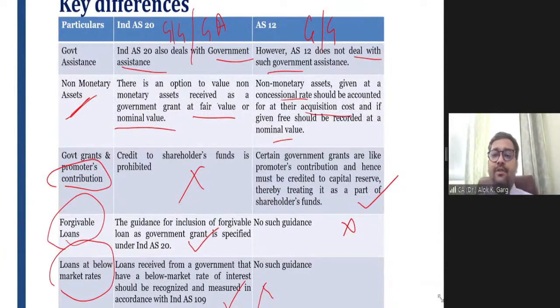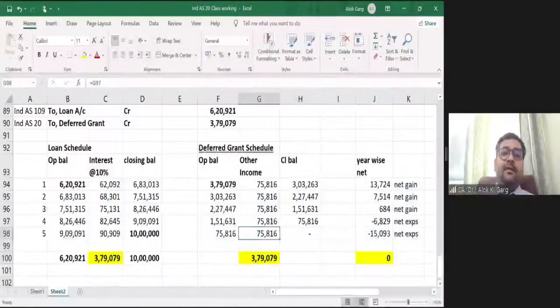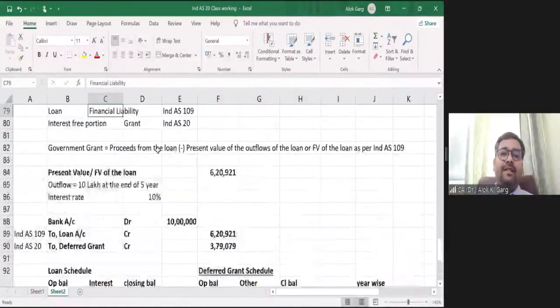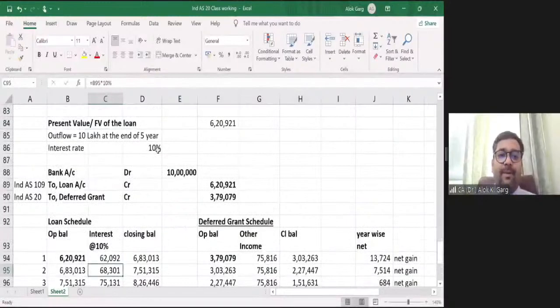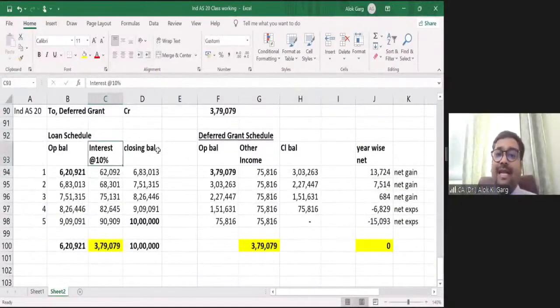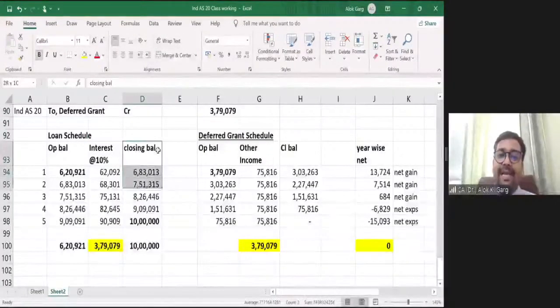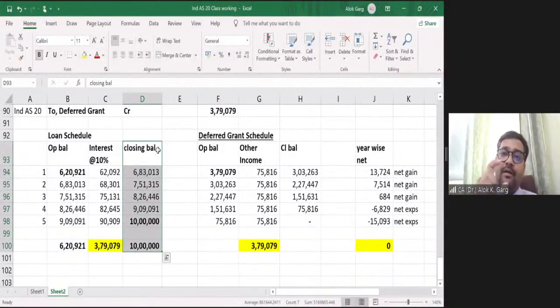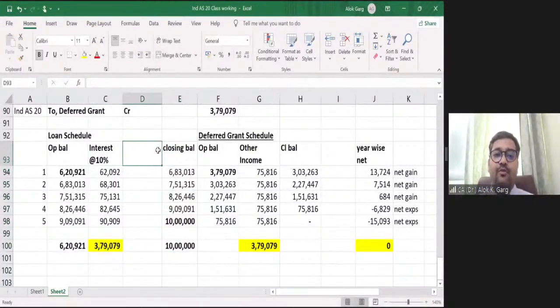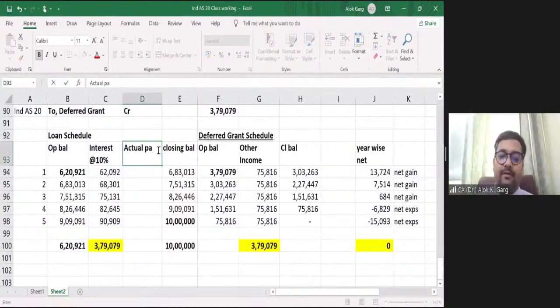So Kalyani, let me show you in this case what happens. If, let's say, instead of an interest-free loan, it is a loan which is given at a concessional rate, let's say 6%. So in this case, what will happen? The interest has to be accrued at 10%. But the actual payment has to be shown at, let's say, 5%. Okay, the actual payment has to be shown at 5%. So here you have to show the actual payment of interest.